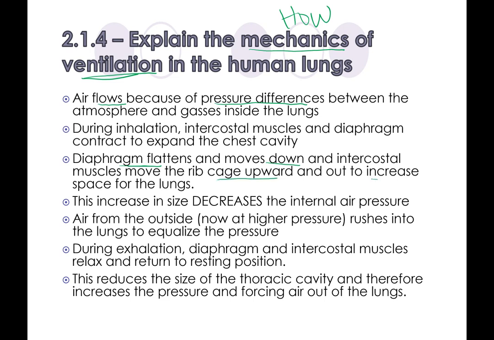This will increase the space and decrease the internal air pressure. That now makes air from the outside rush into your lungs. When we exhale, the diaphragm and intercostal muscles, or your rib muscles, move back to their resting position. It reduces the size and therefore increases the pressure and forces air out of the lungs, okay?